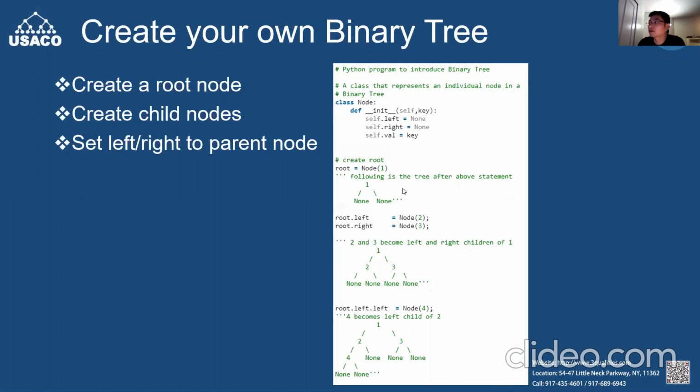Next, we're going to create our own binary tree. Did you notice we don't have any tree class? If you remember in our earlier tasks, we had a node class, but we also had other classes like linked list, stack, and queue. But when we talk about tree, we only have the node class.